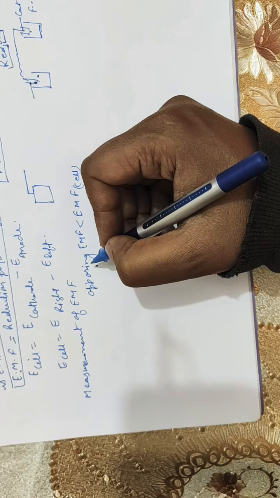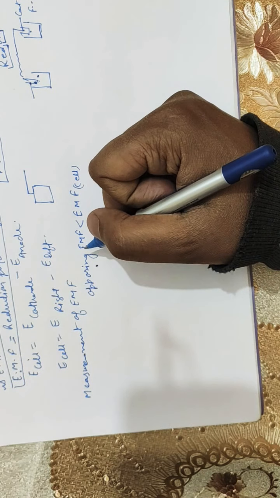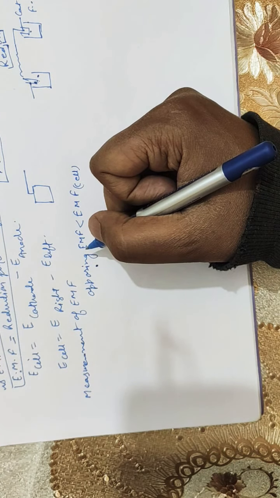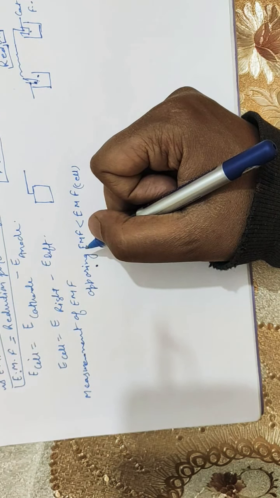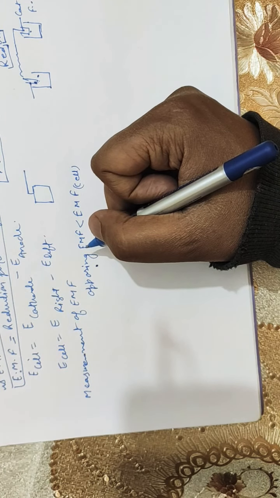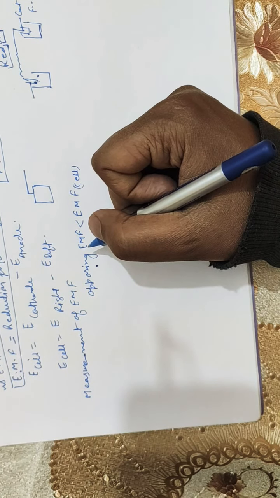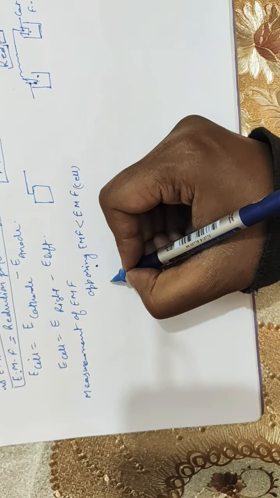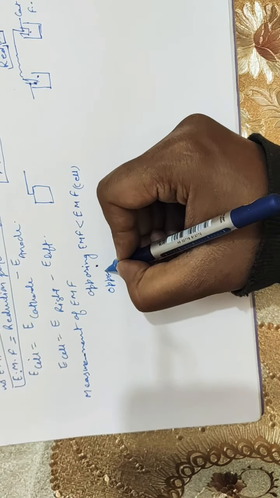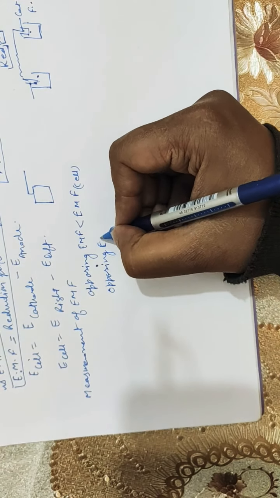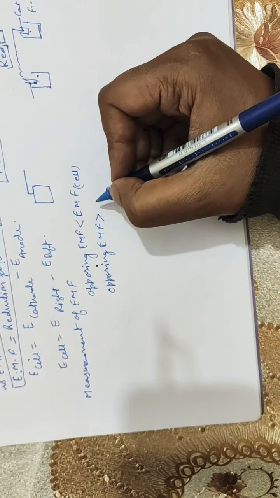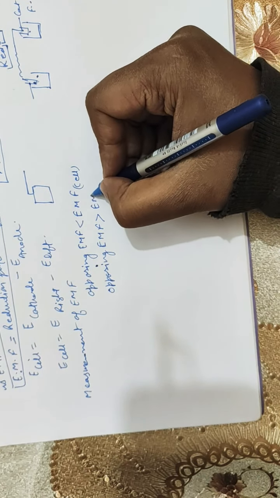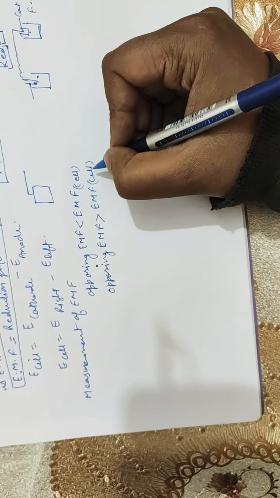Third, when the external or opposing EMF is infinitesimally greater than that of the cell, an extremely small current should flow through the cell in the opposite direction, and a small amount of chemical reaction also occurs in the reverse direction. So the opposing EMF is infinitesimally greater than the EMF of the cell.